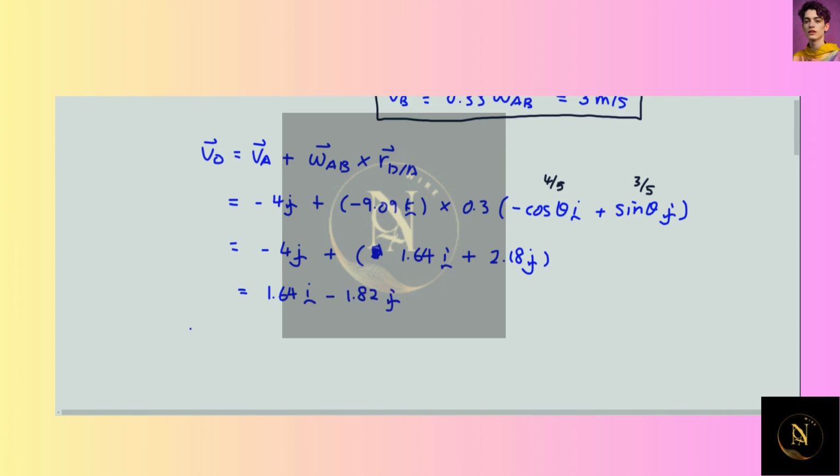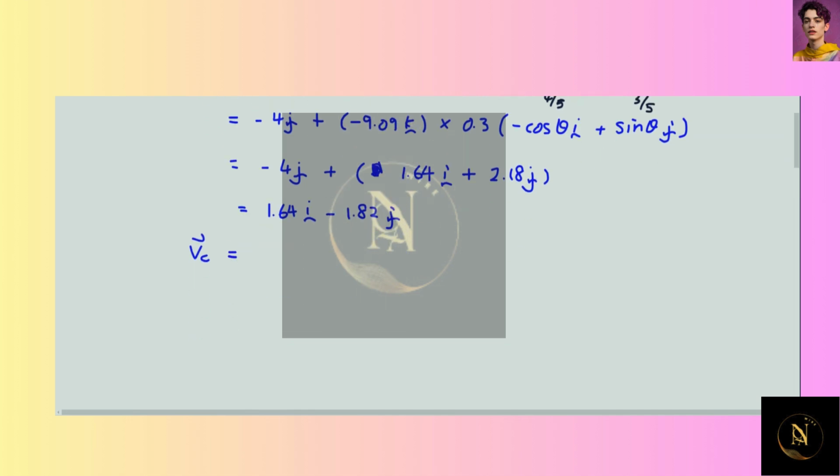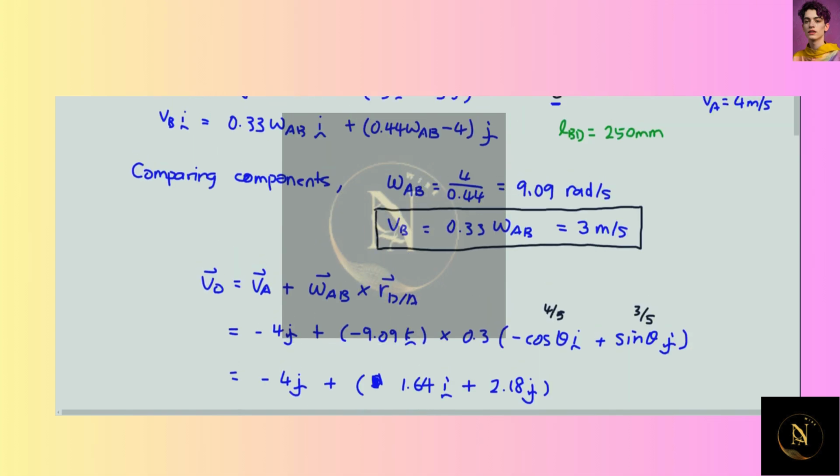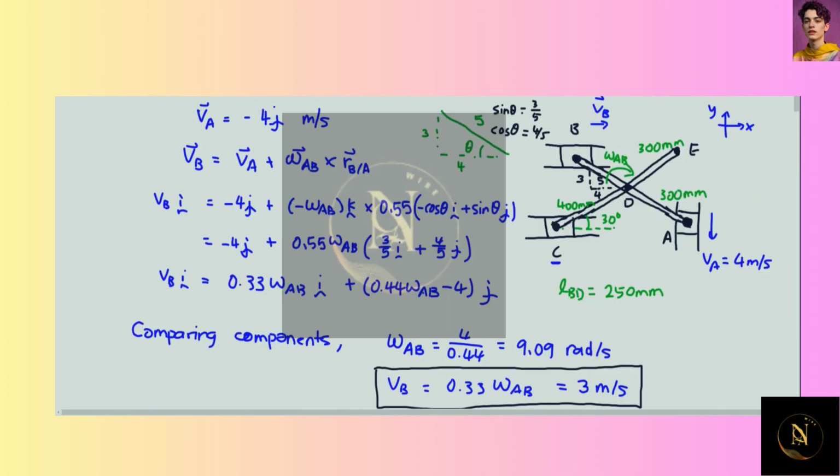Next, we find VC. VC will be equal to VD plus omega CD cross R C relative to D. Based on the diagram, again, VC is going to move to the right.